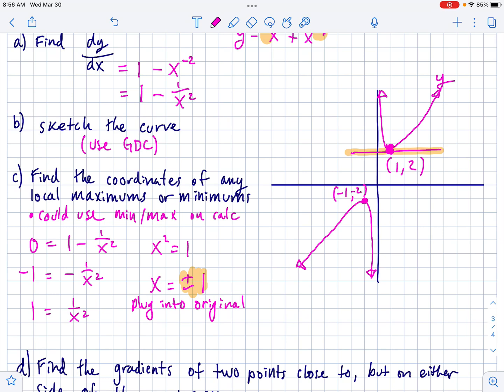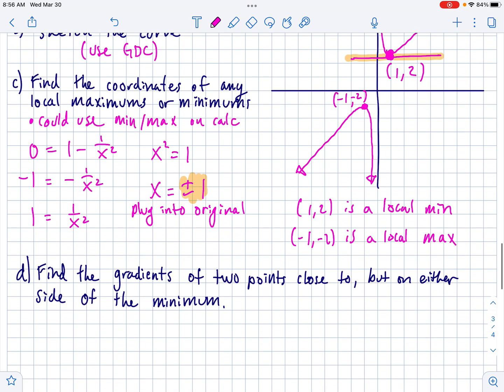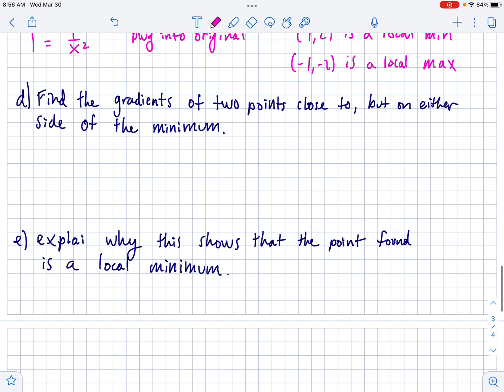When you do that, you should get negative 2 and positive 2. So (1, 2) is a local minimum, and (-1, -2) is a local maximum.